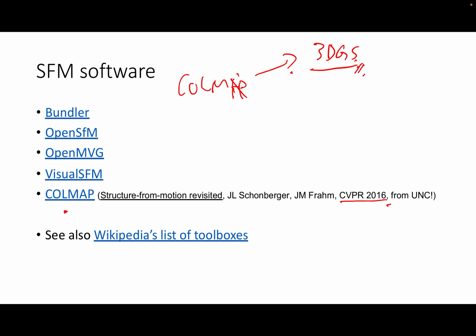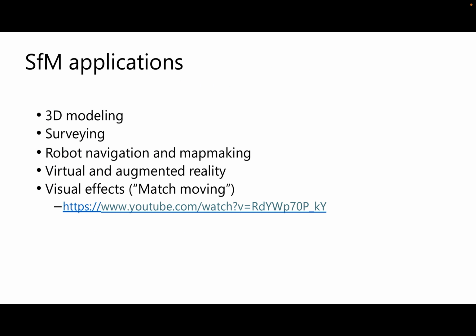If we run COLMAP, then we have structure from motion output, a sparse point cloud, and this output becomes the input of 3D Gaussian splatting, so that we can get a more dense 3D reconstruction. That means COLMAP or structure from motion is still widely used these days. We will learn this later.